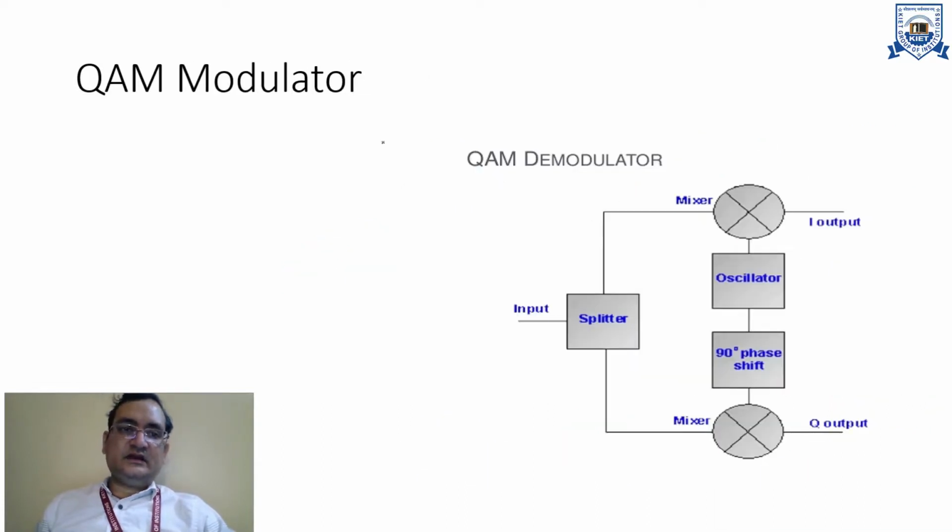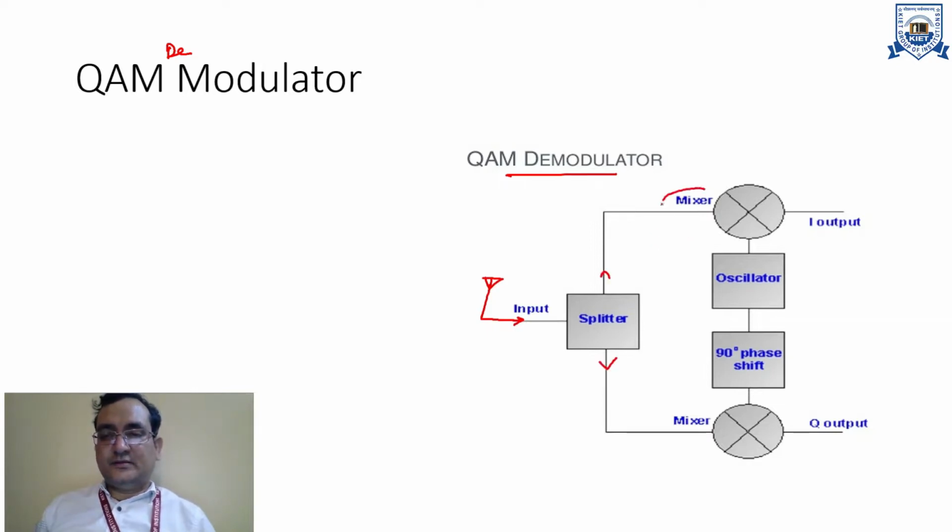Other than this, a simple demodulator circuit is also shown. With the help of this diagram, you can clearly see that the input bit stream is received with the help of the antenna, and then a splitter divides it into two parts, right?